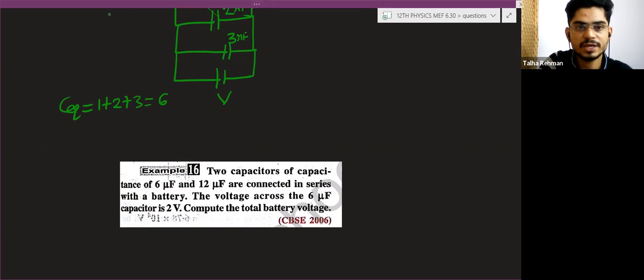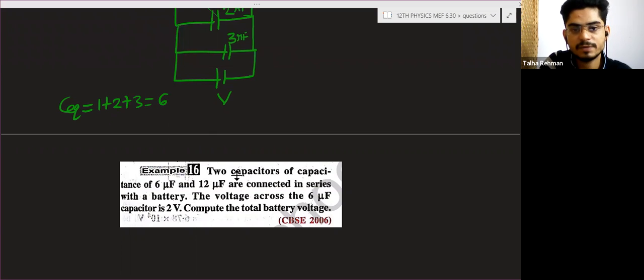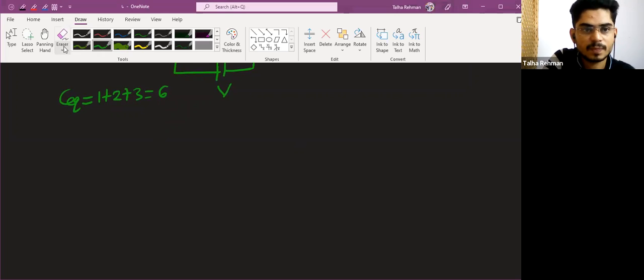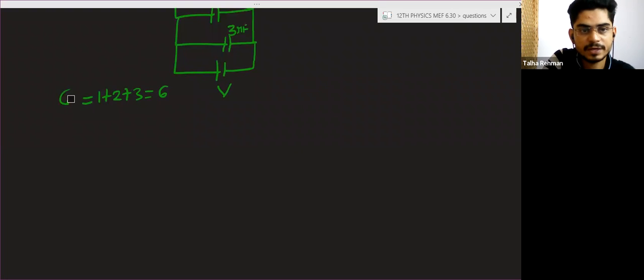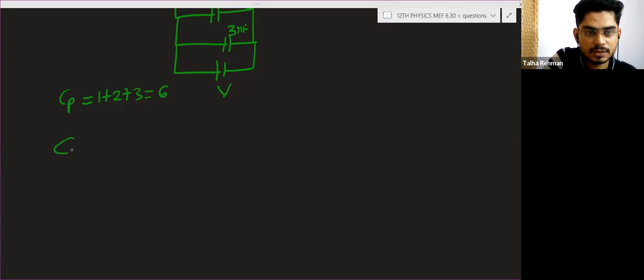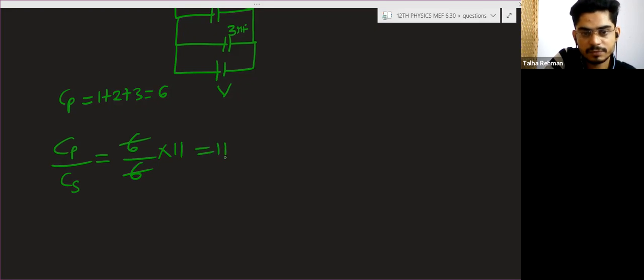And they are asking how many times the capacity will become. I am writing C equivalent as CP. Divide CP by CS. CP is 6, CS is 6 by 11, and this 11 will come here. 6 and 6 are gone. This will become 11.